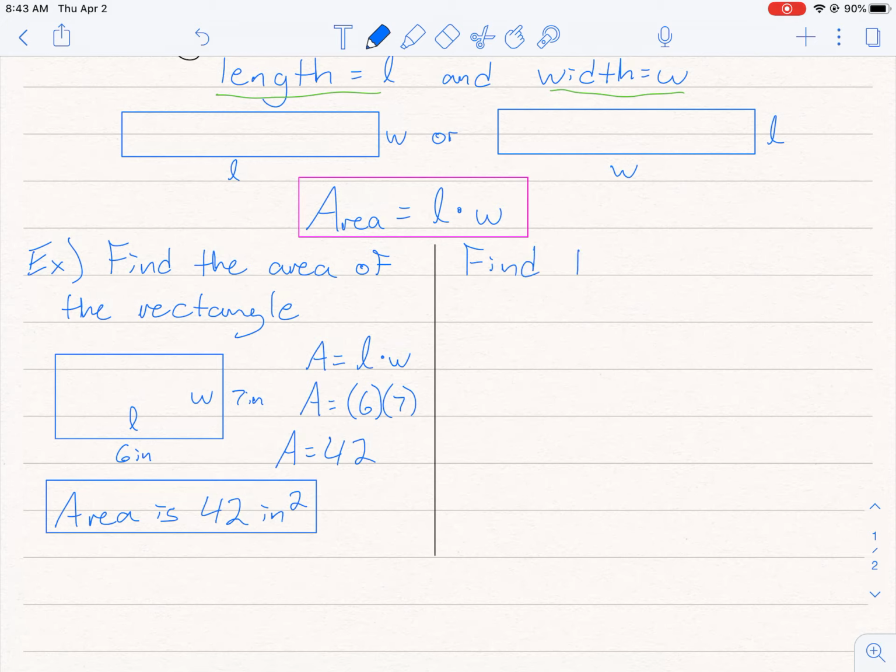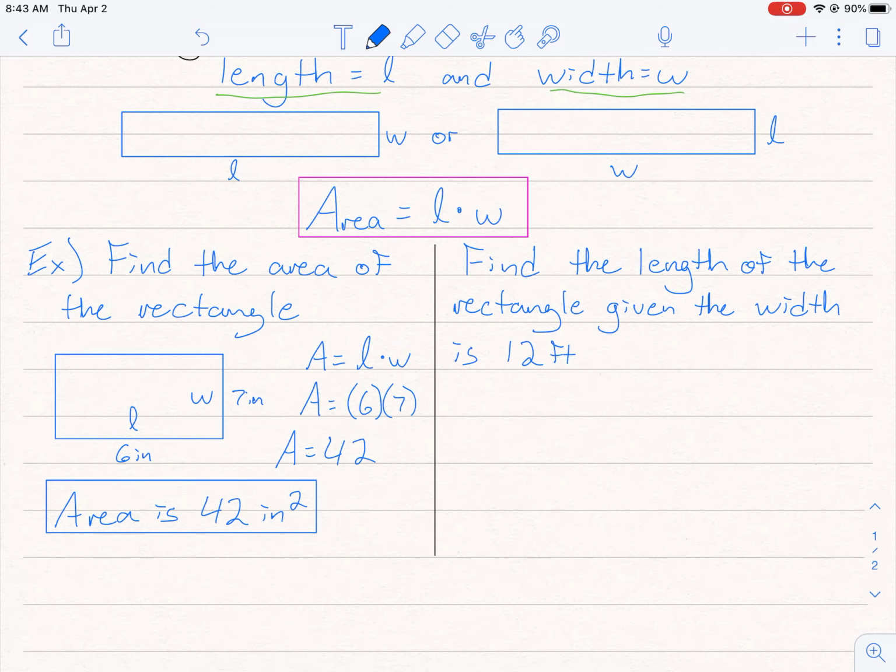We are going to find the length in this shape of the rectangle given the width is 12 feet and the area is 78 feet squared.